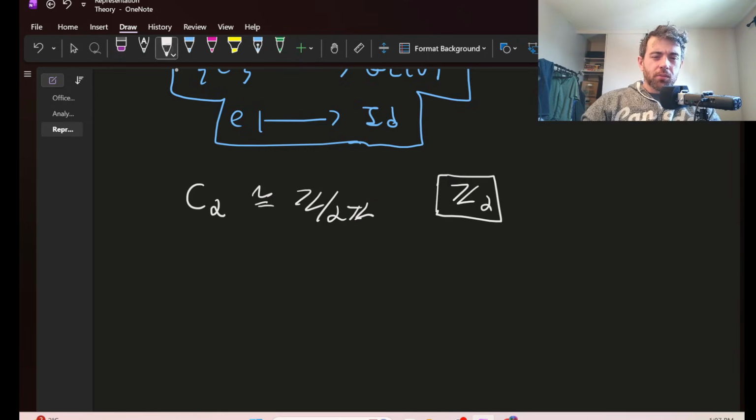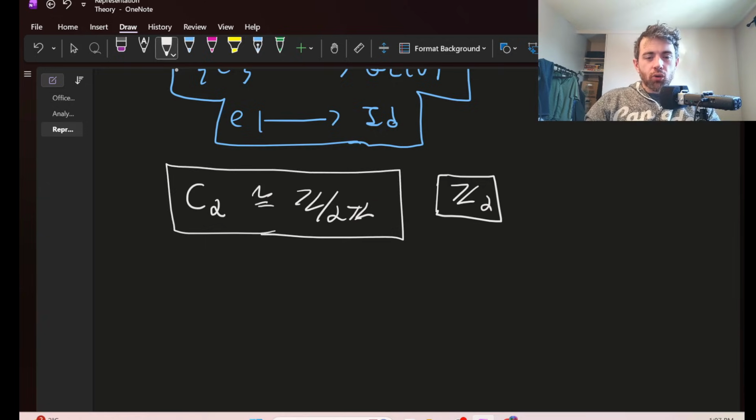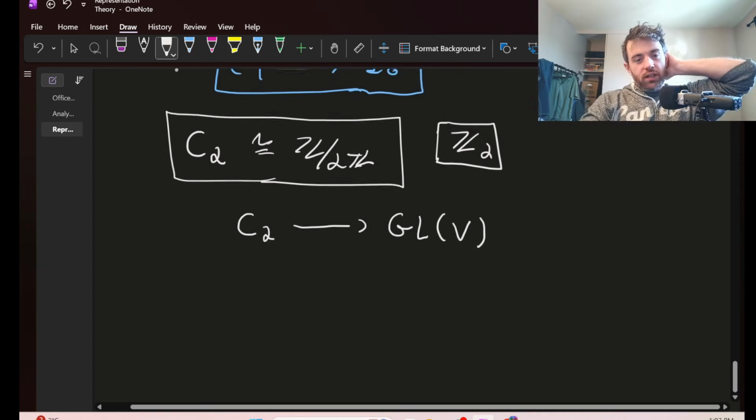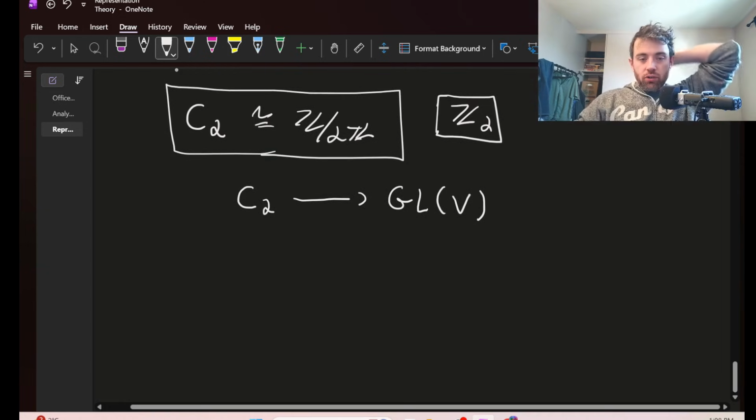But we've got a much simpler group in front of us, right? So let's ask ourselves, what kind of representations can we construct for the integers mod 2?